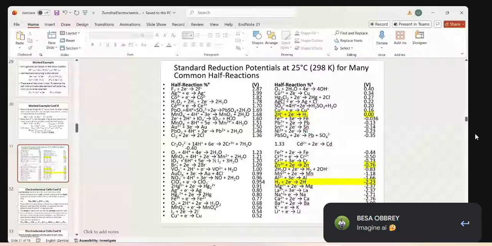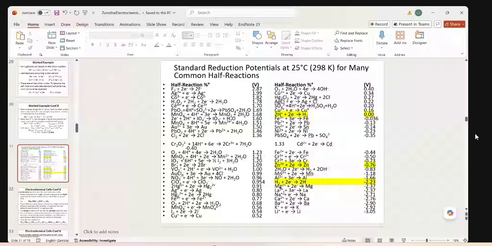The other hydrogen, you have a neutral hydrogen, it gains an electron and becomes the hydride, which is an ion. So it's reduction, but the type of reduction is different.